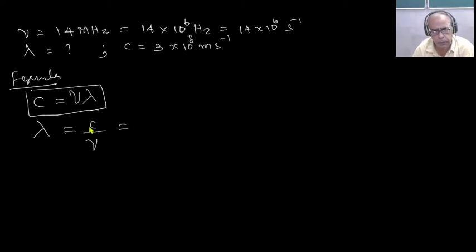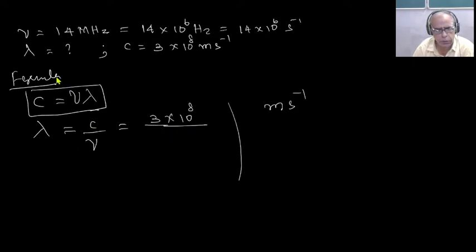Now just apply. C is 3 into 10 power 8, and put the unit simultaneously, meter per second, divided by nu, which is given here as 14 into 10 power 6 per second.